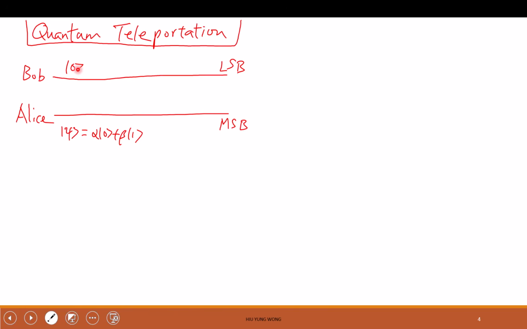The state of the electron Bob has is 0. Okay, if this is, let's say, spin up, then Bob has an electron with the spin pointing up. Alex has her electron with the spin in an arbitrary direction that she doesn't know. That is a state she got maybe from a measurement, or from another quantum algorithm, or just anything, right? So now we form this as a whole system.